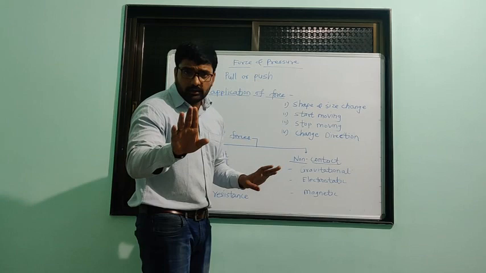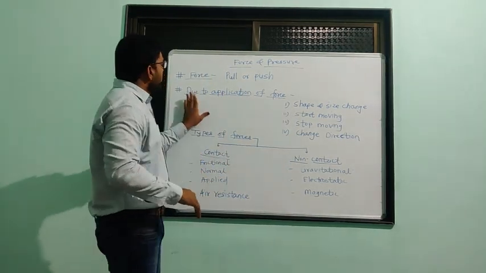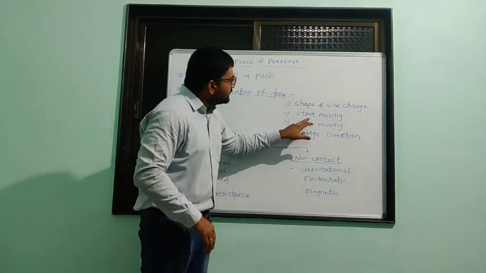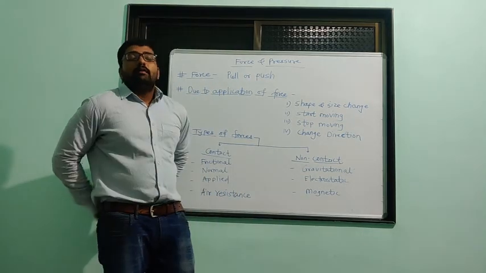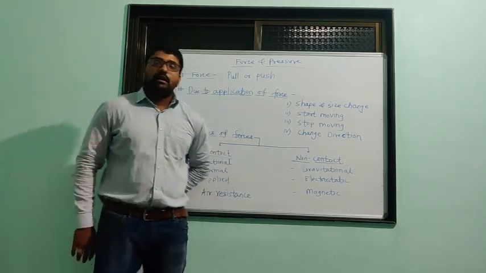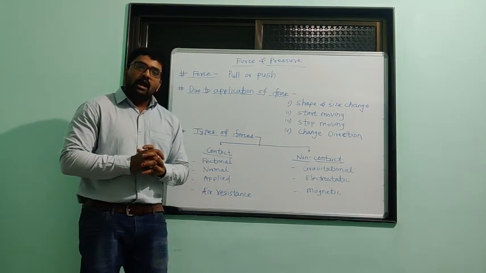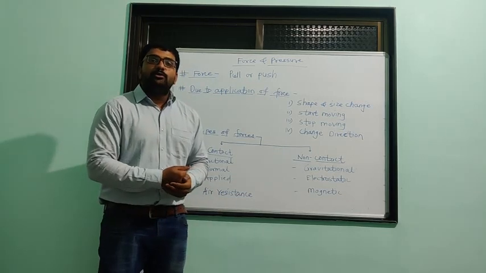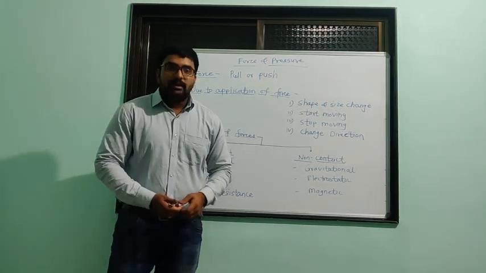Understood? Now go toward the second change. Due to the application of force, what happens? Object starts moving. I already told you one example of football. One stationary football is here. Now I have to move it. As I kick the football, due to that kick, it will go away from here.